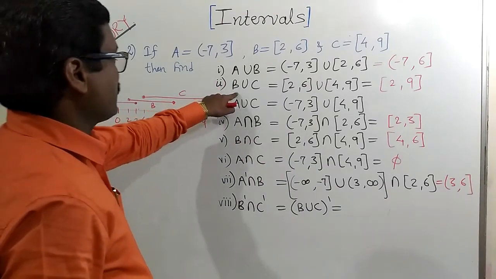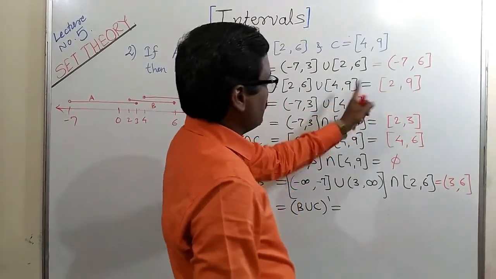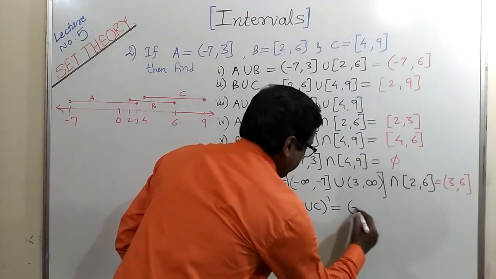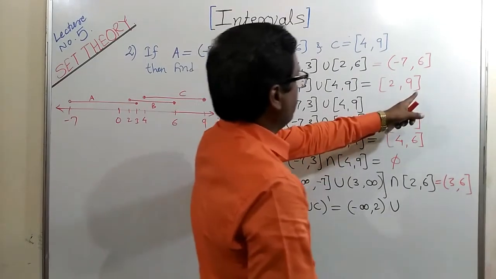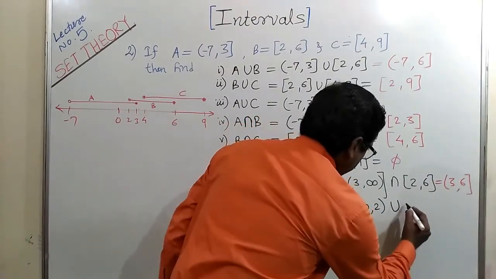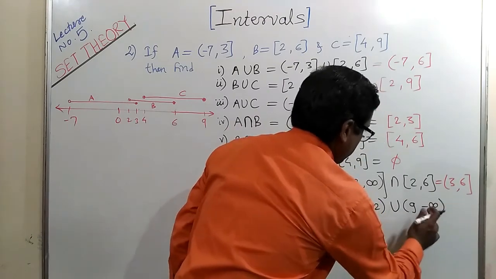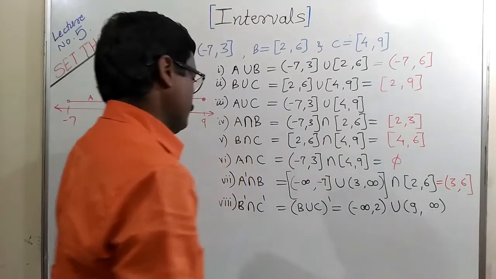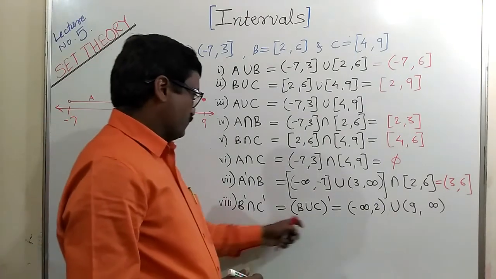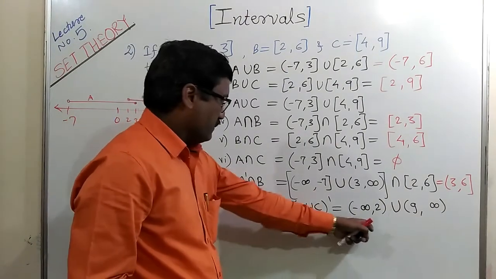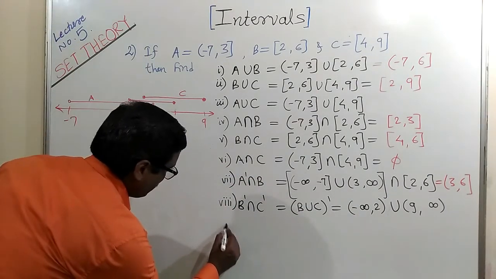B union C in the second one is 2, 9. So its complement is nothing but minus infinity to open 2, union open 9 to infinity. Okay. So if you use De Morgan's law here, then you can write the answer directly. Let us see the 9th one.